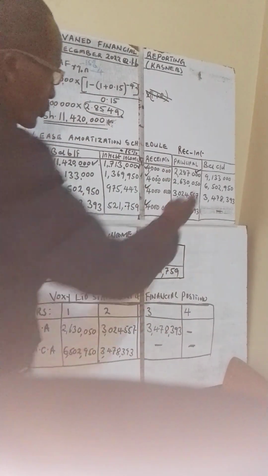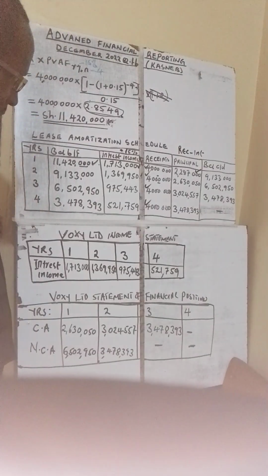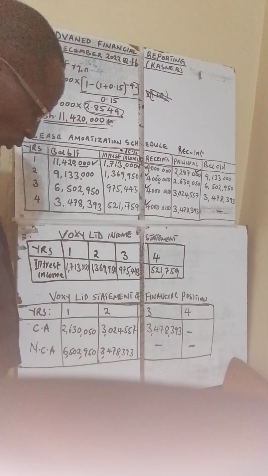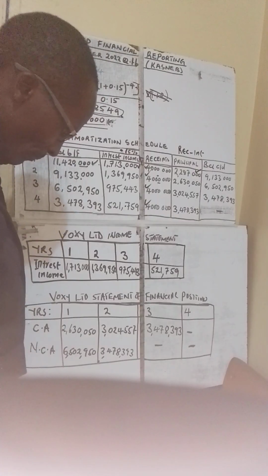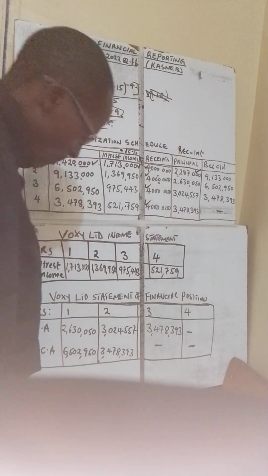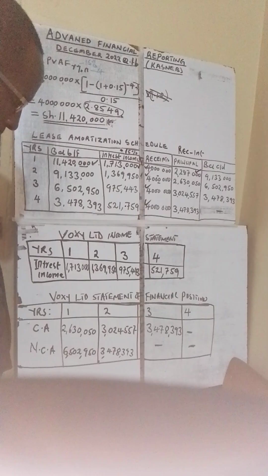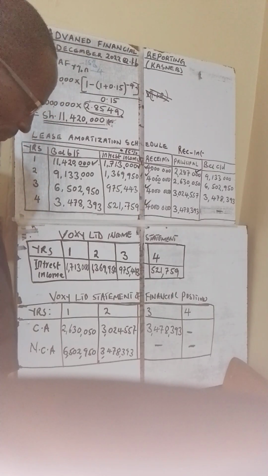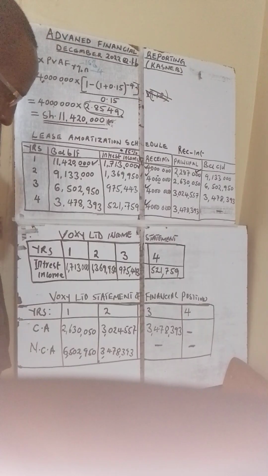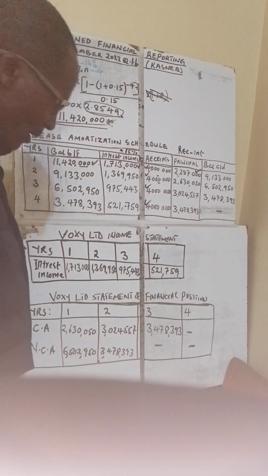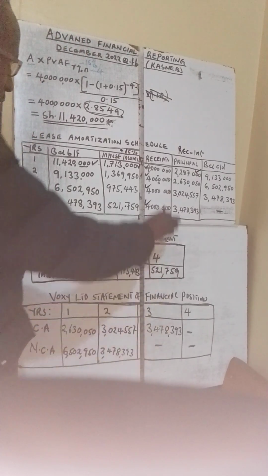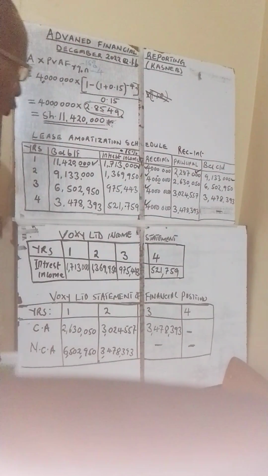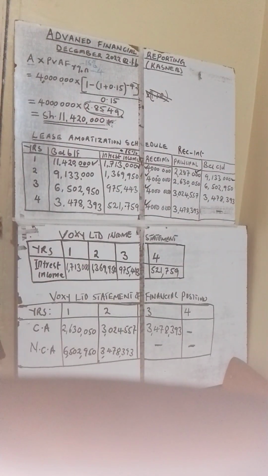So note that point, how to get the balance carried down, the closing balance, because I'll leave you with the rest to attempt. To get the balance carried down, you take the balance brought forward, plus your interest, less the receipts, this column there. I think you have noted that. So the rest you can fill in.